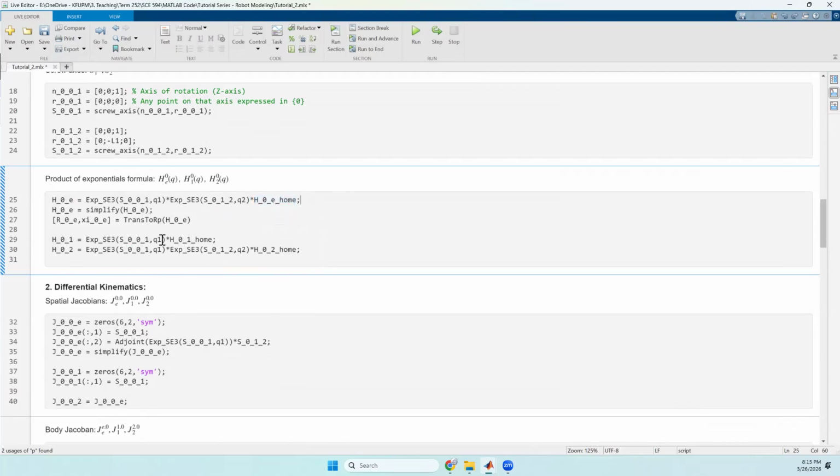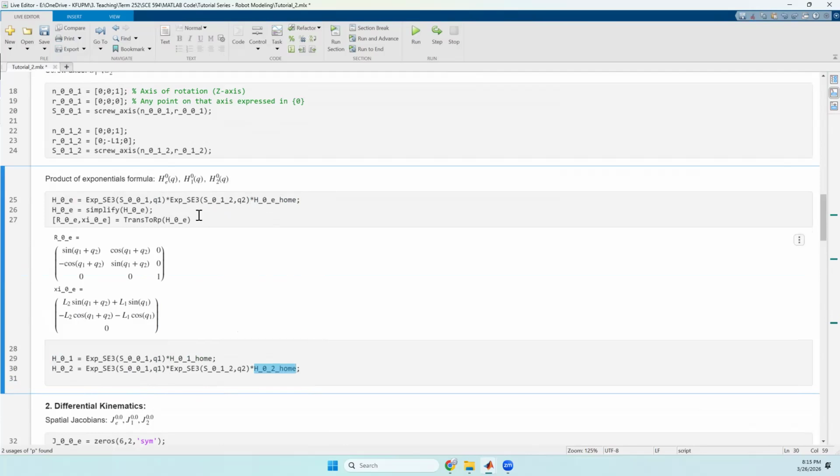We do the same here for the first frame, but we only multiply by the exponential of the first screw axis with Q1, and for frame 2 we multiply by the exponentials of 1 and 2. But here, instead of E with respect to 0 in the home configuration, we use 2 with respect to 0 in the home configuration. So we run this and find that these are exactly the same.